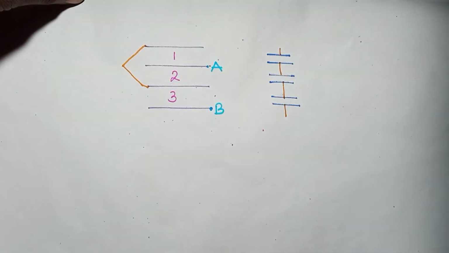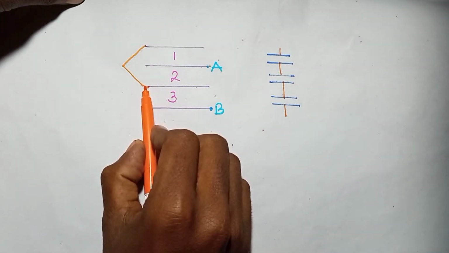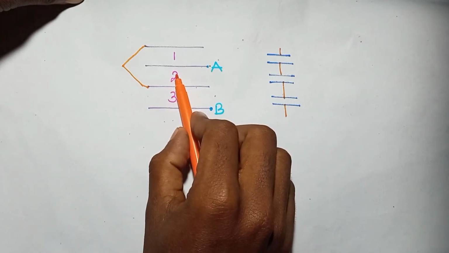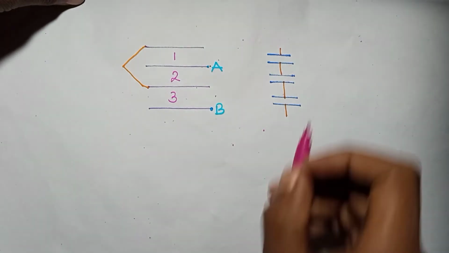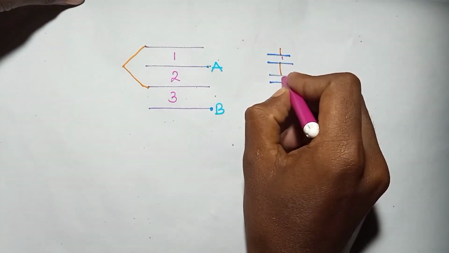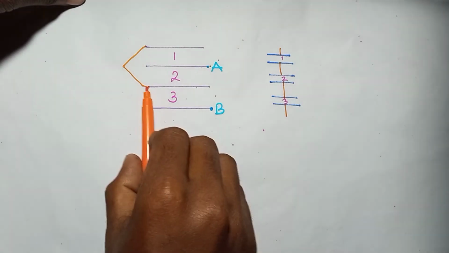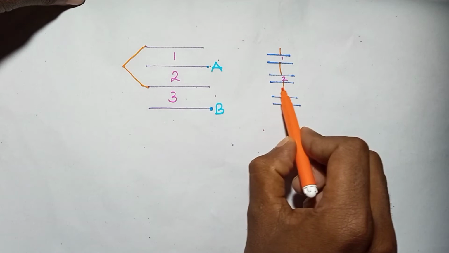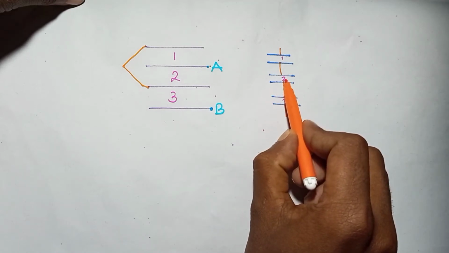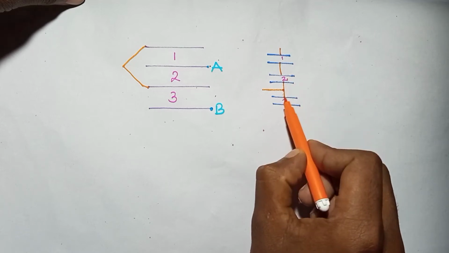One thing you have to note is that this conducting wire starts in between capacitor 2 and capacitor 3. So this is capacitor number 1, this is capacitor number 2 and capacitor number 3. There is a conducting wire between capacitor 2 and capacitor 3, so you have to take one conducting wire from this point, that is, in between capacitor 2 and capacitor 3.